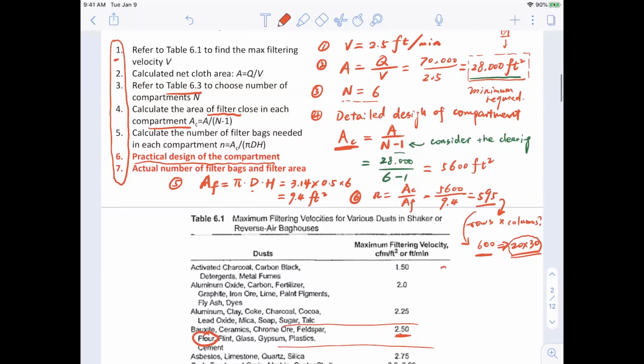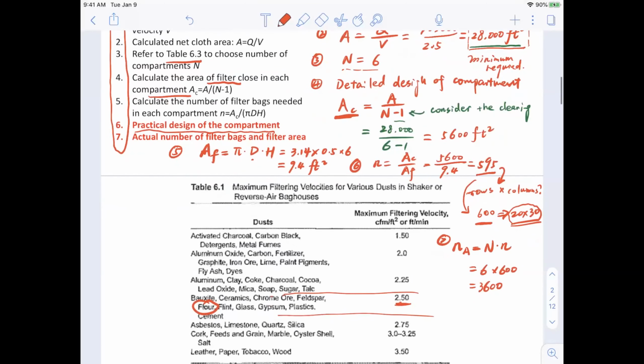And then the 7th step is to calculate the actual number of filter bags and the filter area, right? So the actual number, let's say NA, is going to be equal to the number of compartments multiplied by the number of filter bags in each compartment. So that's going to be 6 multiplied by 600, 3,600 filter bags, right?